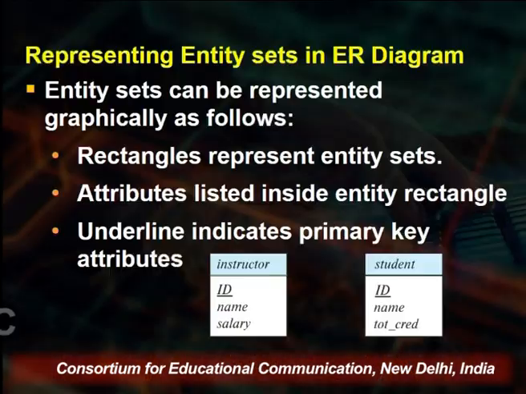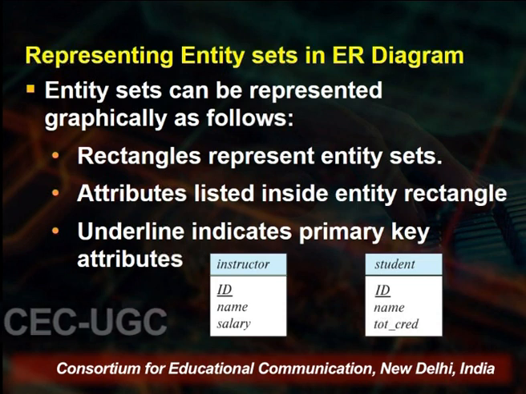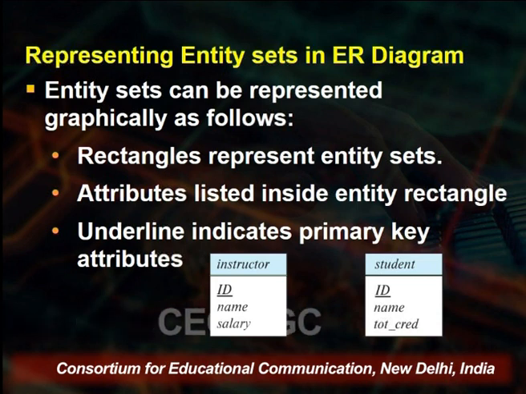The way in which we show these entities within an ER diagram is with the help of a rectangle, as I have told you in the last lecture also. So entity sets can be represented graphically as follows.